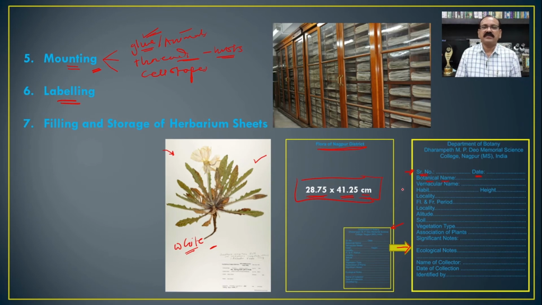We will see this topic in the next lecture, how to identify the plants. Then the vernacular or common name, which we have to collect from the local people of that particular area from which the specimen is collected.